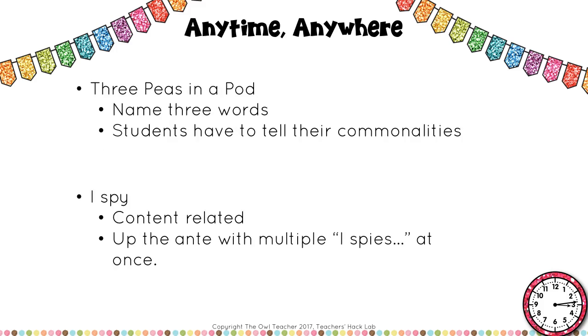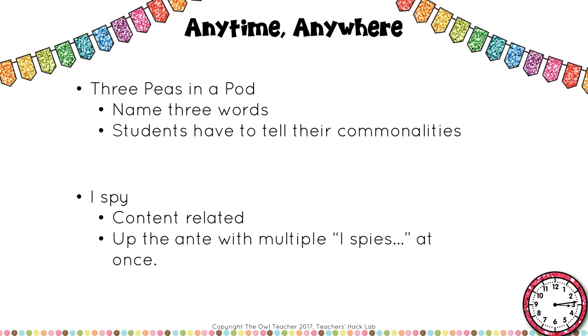Another activity that you could do is the opposite of that, and that would be 3 peas in a pod. What that is, the leader or the teacher, whoever, names 3 words, and students have to come up with commonalities.